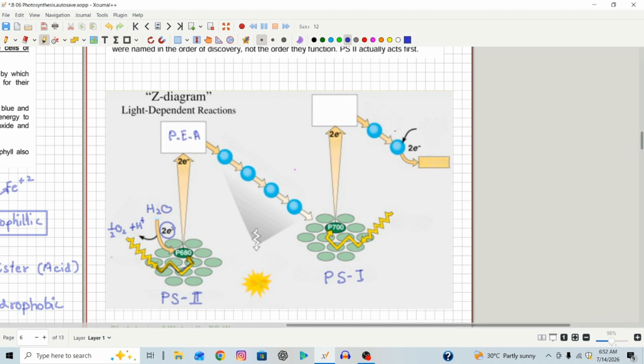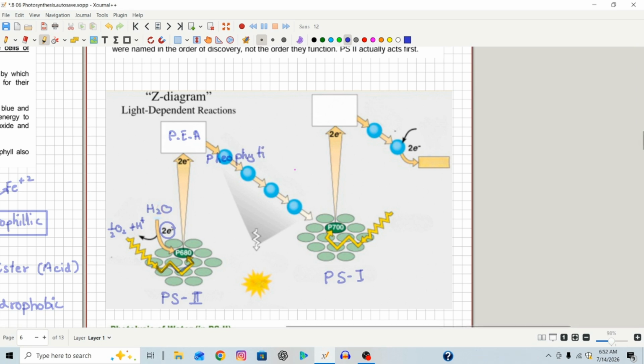The primary electron acceptor will gain those electrons. After the electrons are given to the primary electron acceptor, it will move these electrons through a series of chains. As you can see here, there are different kinds of blue bubbles in front of you, and we are going to fill them one by one. The first bubble is called pheophytin.